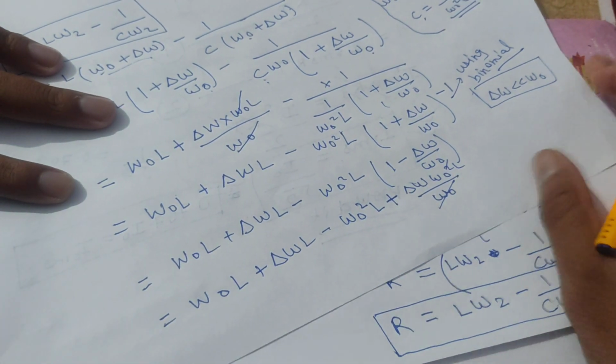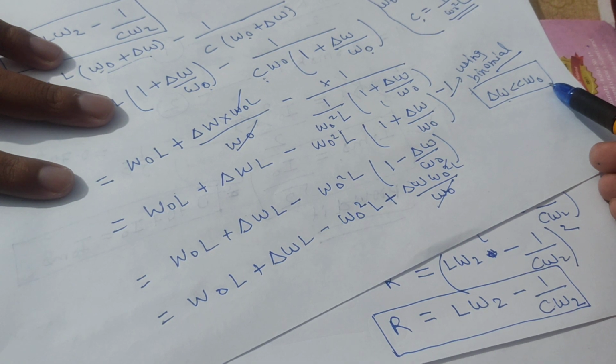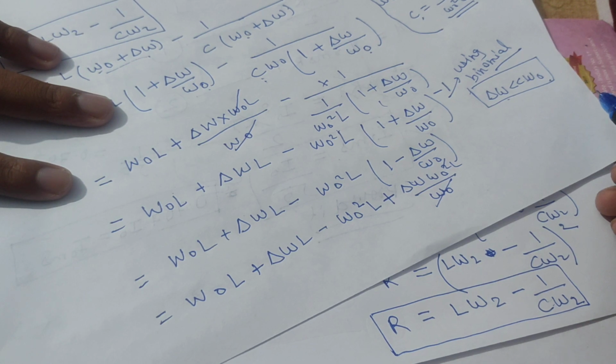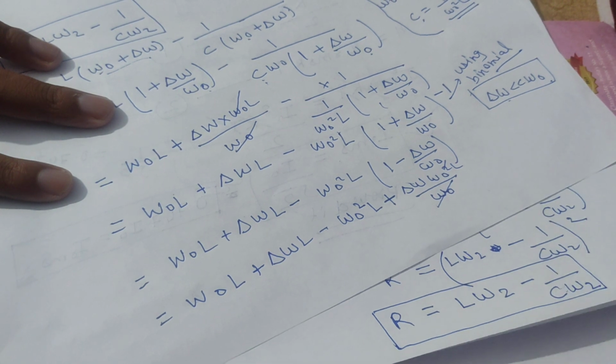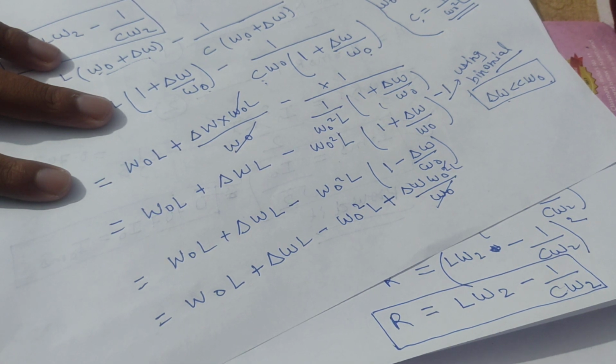Okay, since delta omega is less than omega naught, so okay, I have mistaken.